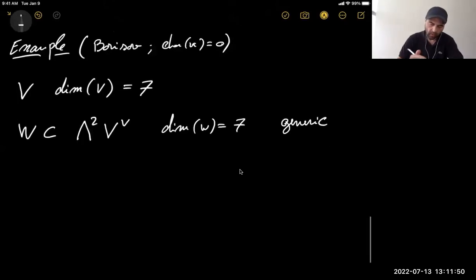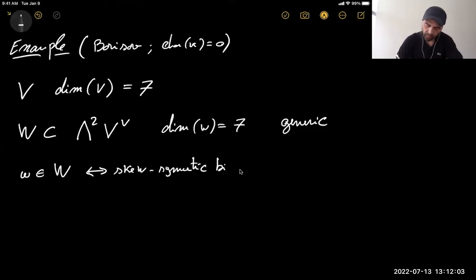And then an element in this W corresponds to a skew-symmetric bilinear form on V.